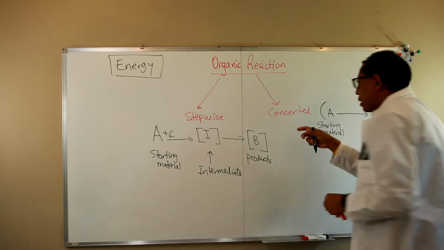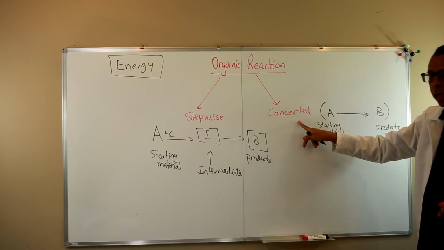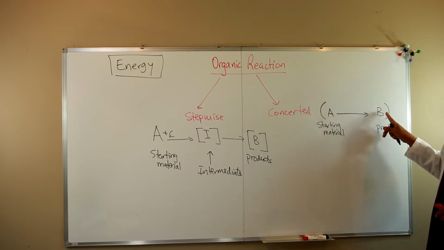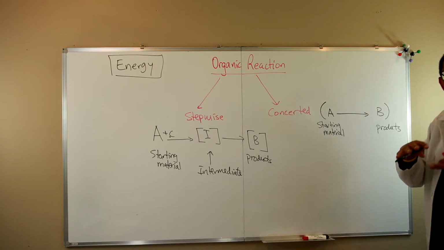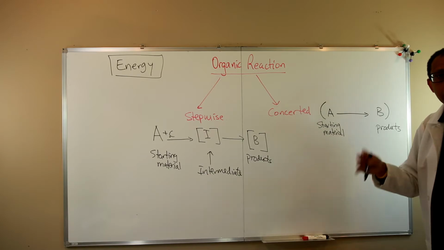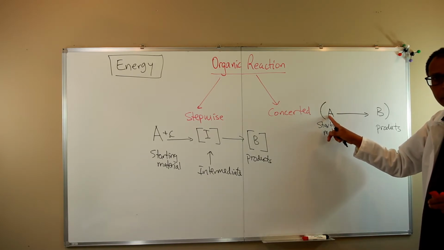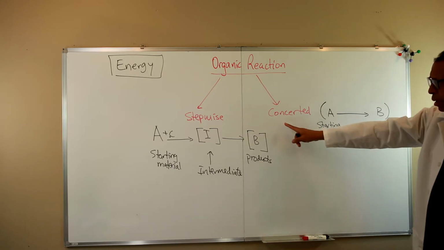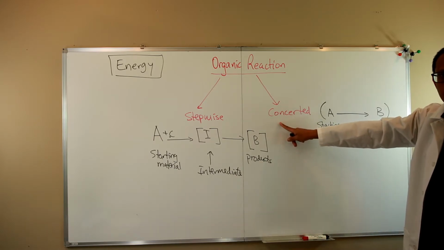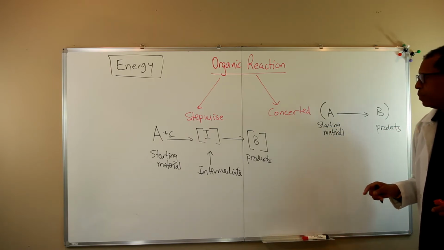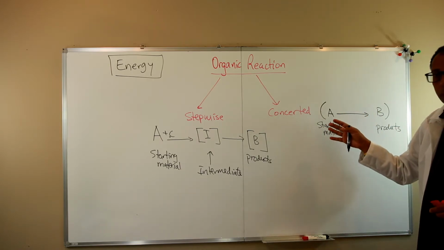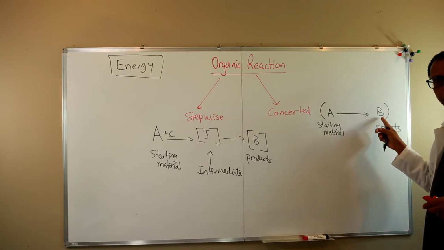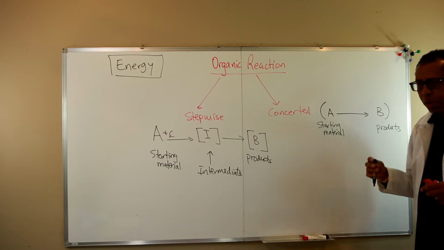When we say a single step or concerted reaction, the starting materials are converted into products in a single step. So there are no intermediates from going starting material A to products B. This type of reaction is called a concerted reaction. So what it means is bond making and bond breaking happen at the same time.